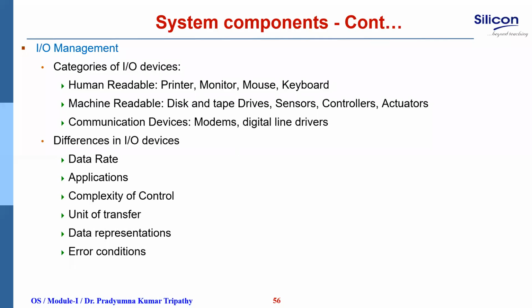The complexity of control, the unit of transfer, the data representation on these devices, and the error conditions are all different for different I/O devices. Therefore, managing multiple I/O devices is quite a cumbersome or difficult task, which is handled by the operating system, and that part which manages this is called I/O management.